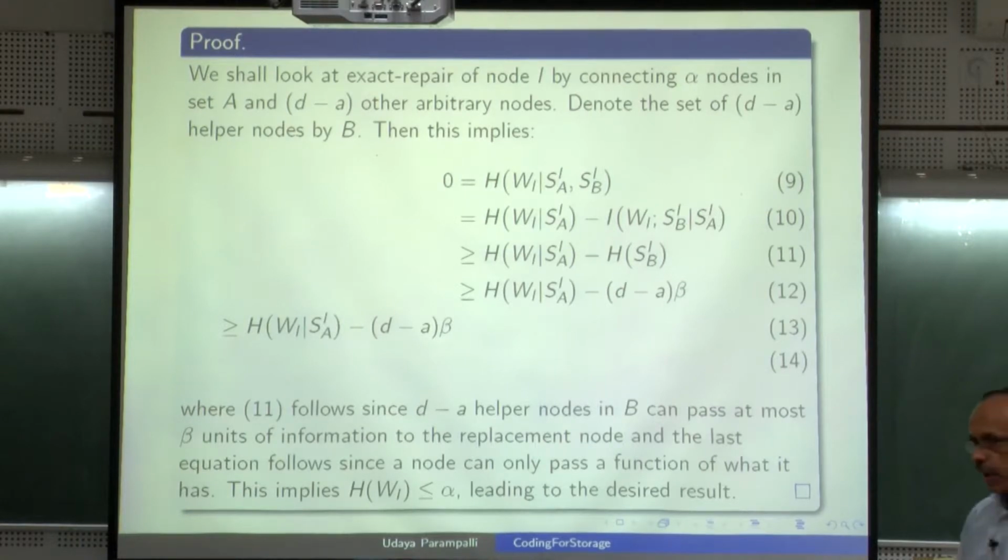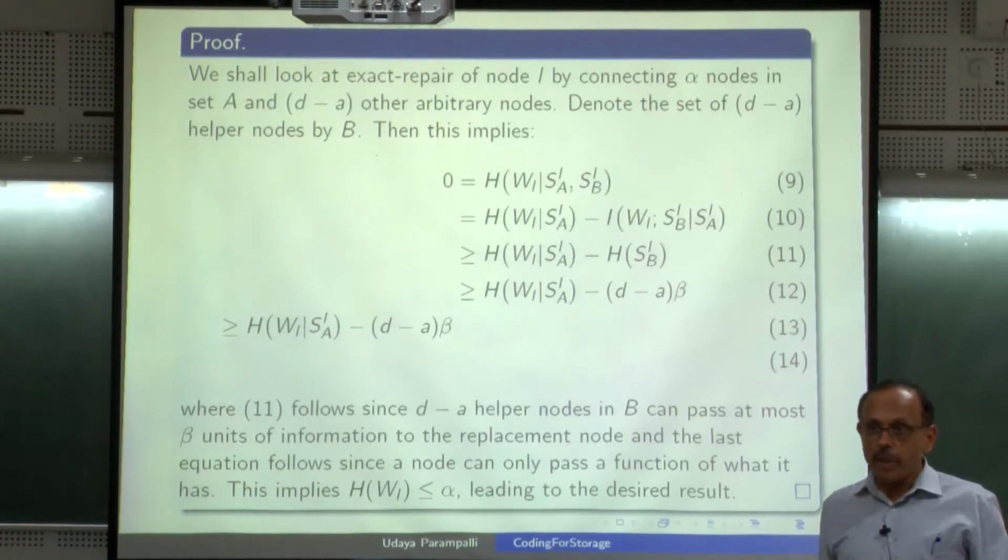So I make the two sets, right, and denote the set of d minus A helper nodes, and then this implies this. So here I am just making a simple lower bound which says that this mutual information is greater than or equal to this. Now coming from this to this, you say that since the d minus A helper nodes in B can pass at most beta units, because we have taken the A nodes, which give you alpha units of data, and d minus A will give you beta units of data.